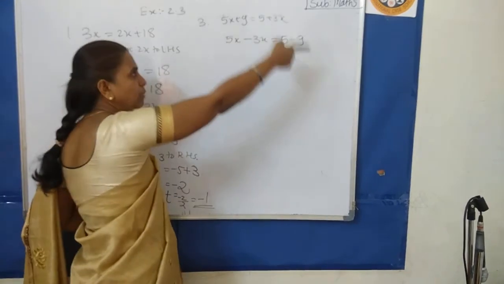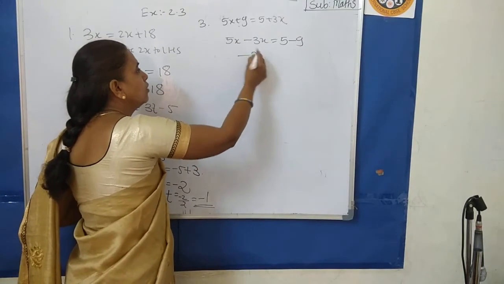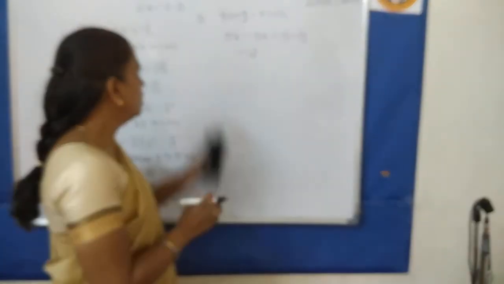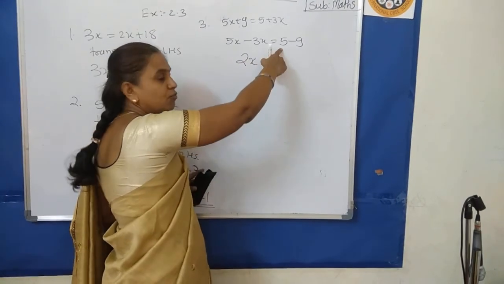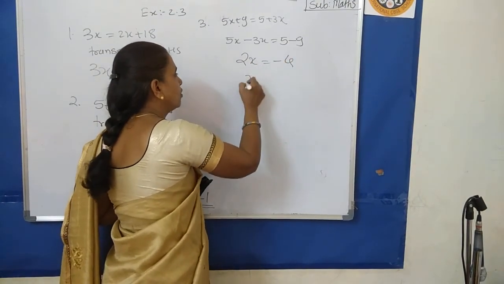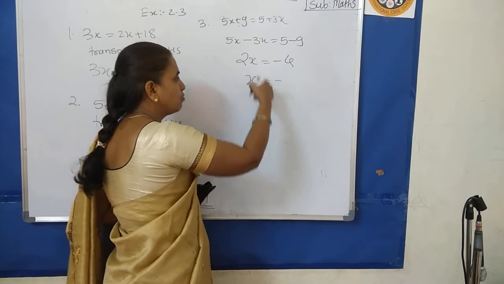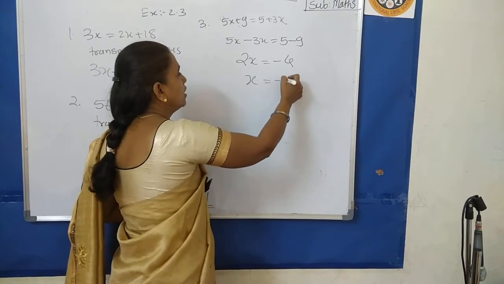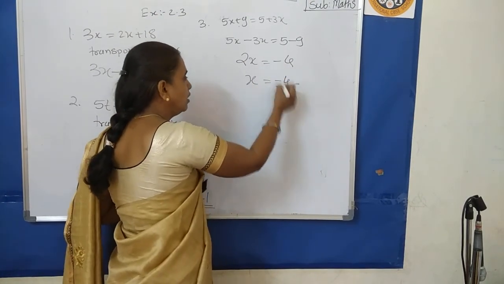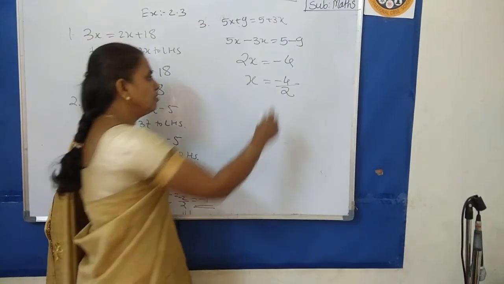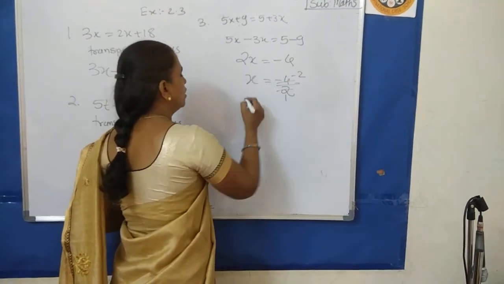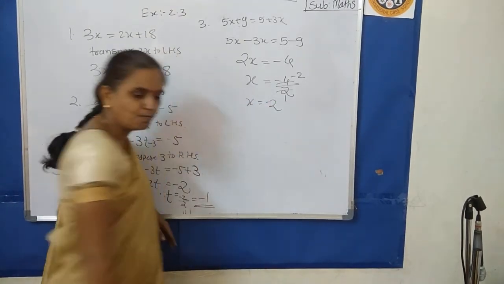This plus 9 becomes minus 9. 5 minus 3, 2x. And 5 minus 9 means minus 4. Therefore, x is equal to, now transpose this 2 towards the right, it becomes division. Minus 4 upon 2, that is minus 2. x is equal to minus 2 is the value.